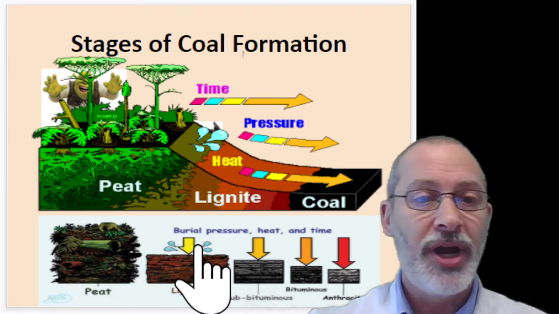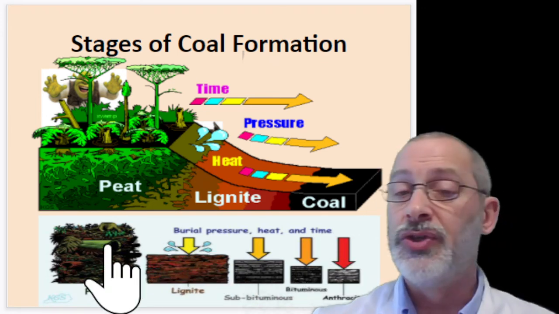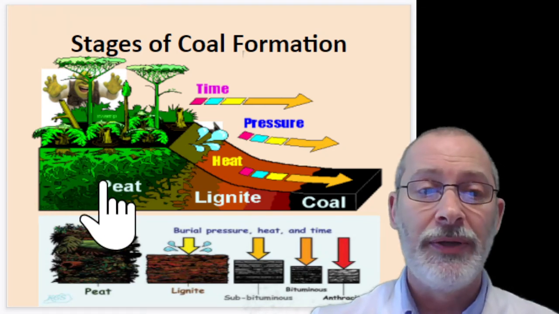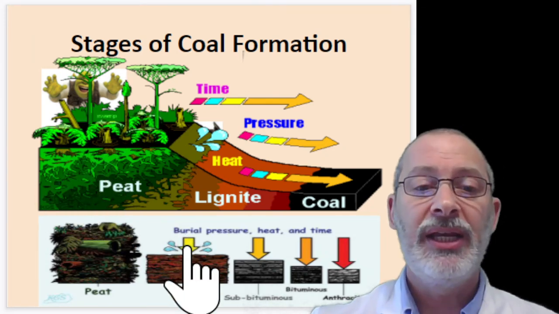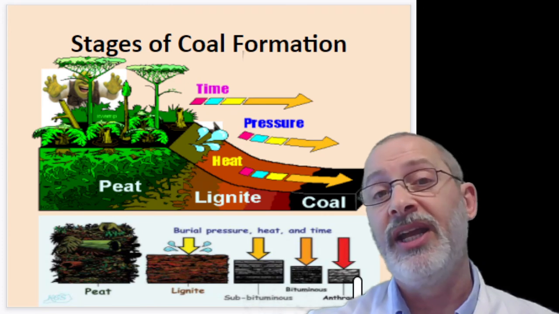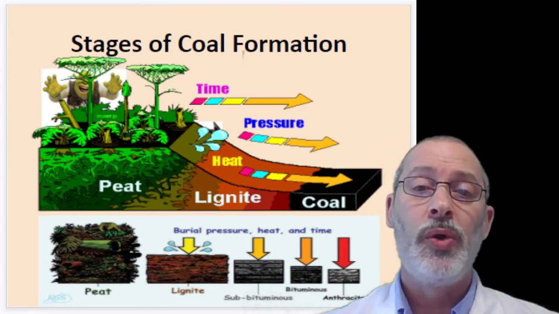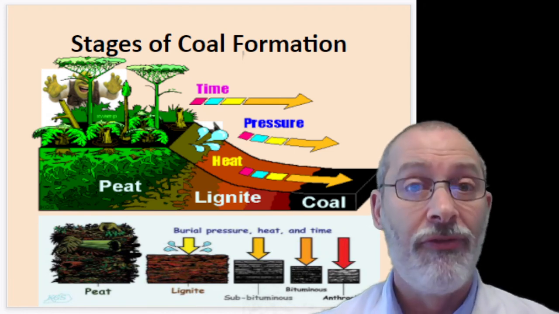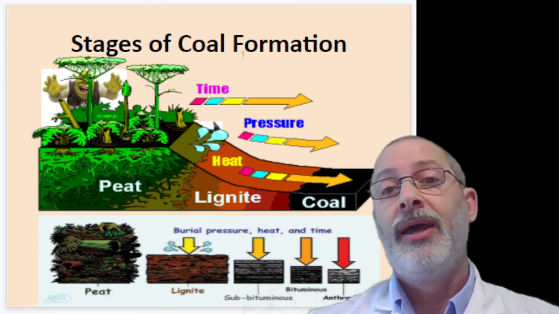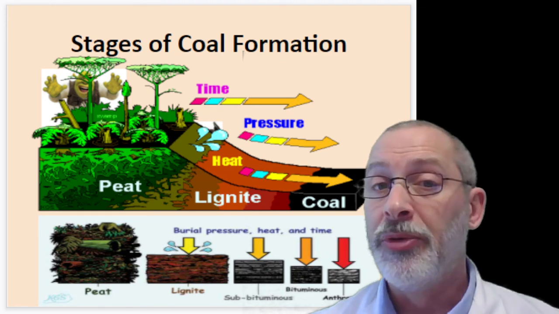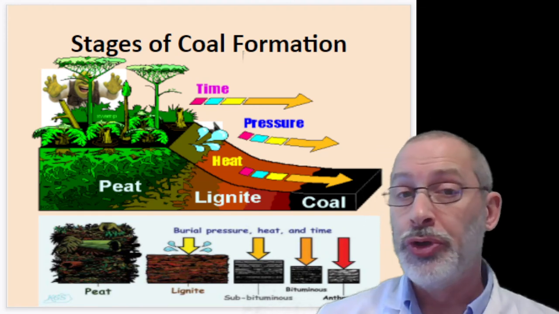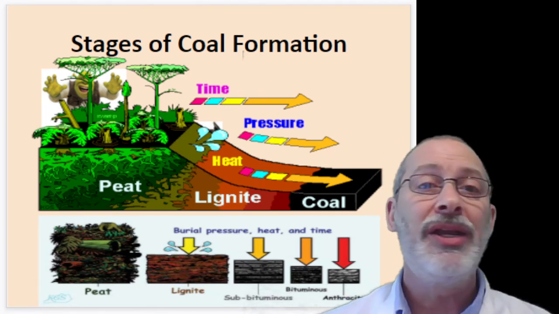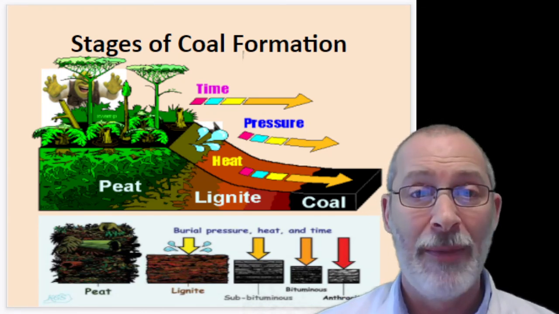So burial pressure, heat, and time is all that's required to change this organic material into peat, lignite, bituminous, and finally anthracite coal. And these are the stages of coal formation. Now, it would be really cool if we could reproduce this process in a laboratory, but it takes way too long for that to happen.